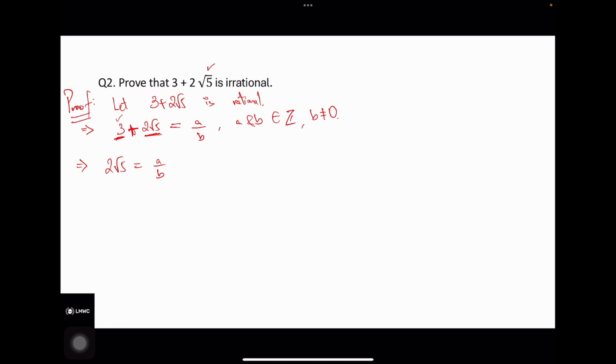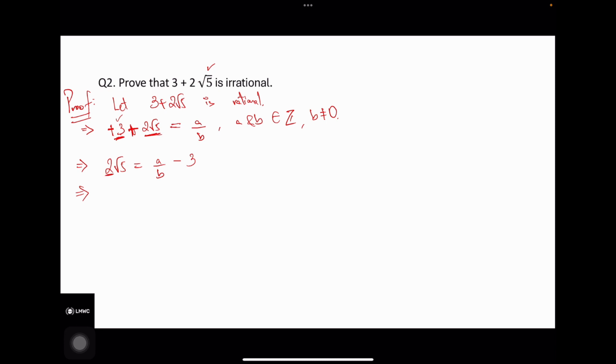When you take the 3 to this side, you need to change the sign of the 3. Before 3 there is nothing, meaning it is positive, so when you take it to the other side, it becomes negative 3. Okay, so next we have to take this 2.